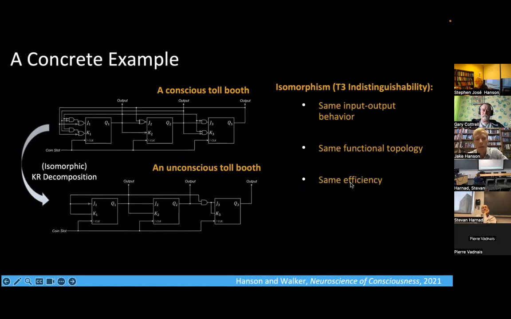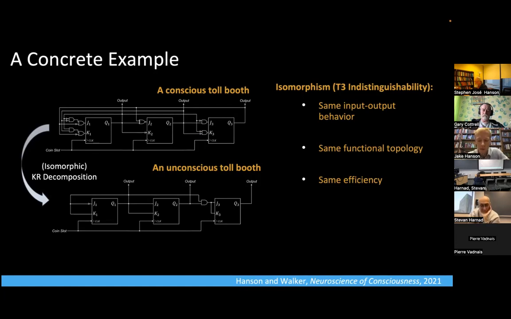So one of the common replies to feed-forward decomposition in IIT is that, well, once you get rid of the feedback, it's really much less efficient because you need more bits to instantiate the computation. And the whole point of this specific decomposition was to show that that's not true. You can get rid of feedback without increasing the number of states needed to instantiate the computation.